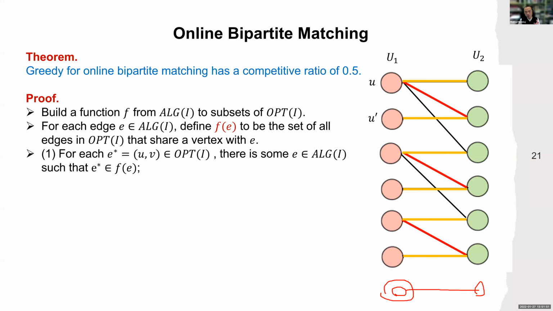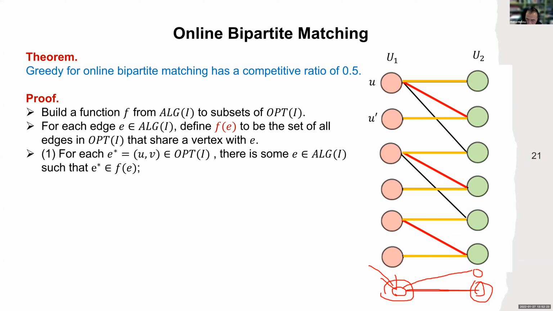So suppose there is one edge in the optimal solution where the algorithm didn't choose either of the two vertices. Then when the algorithm comes here, it can see this edge. Why does it not choose it? It can only be because it already chose this edge to another partner on the right, or this one is already occupied.